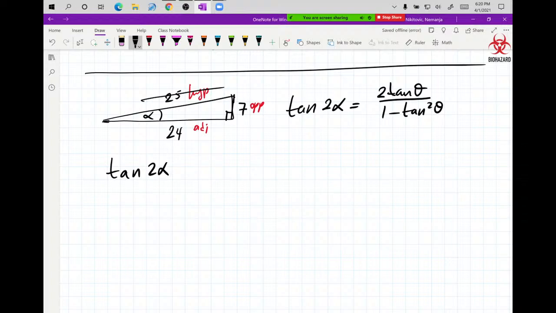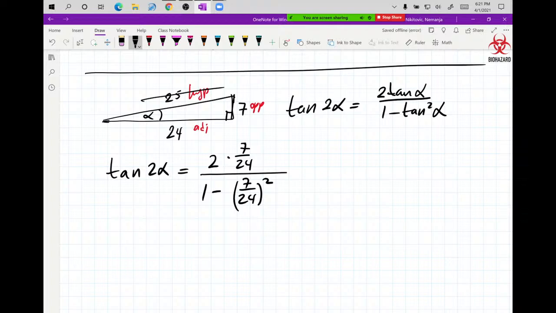Tangent of alpha. I have thetas there and alpha on the left. Alpha, which is our A, but in Greek. So 2 times tangent is 7 over 24. There we go. 1 minus 7 over 24 squared.